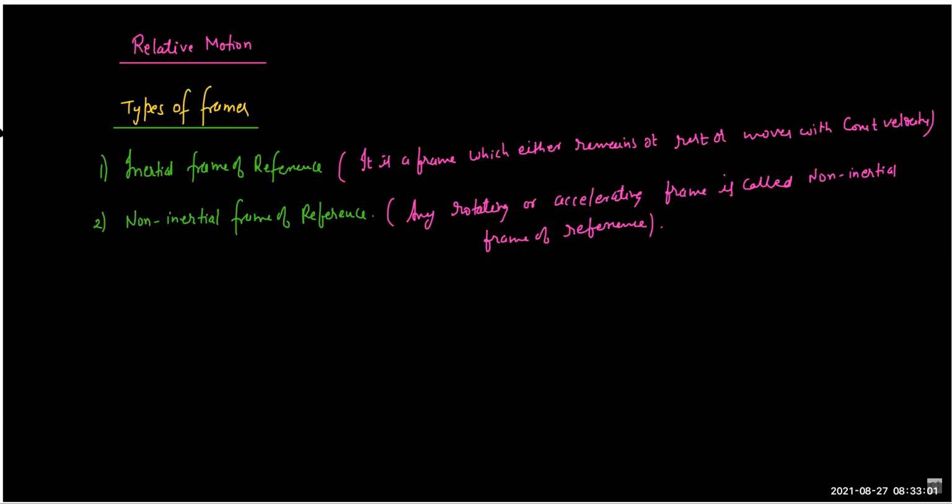Okay. So relative motion is an inherent part of any physical phenomenon. So when we have some motion happening, a relative motion will come automatically. I mean, it is not something that I need to invoke. And the observer must be in either of the two frames which I just discussed, the inertial frame or the non-inertial frame.